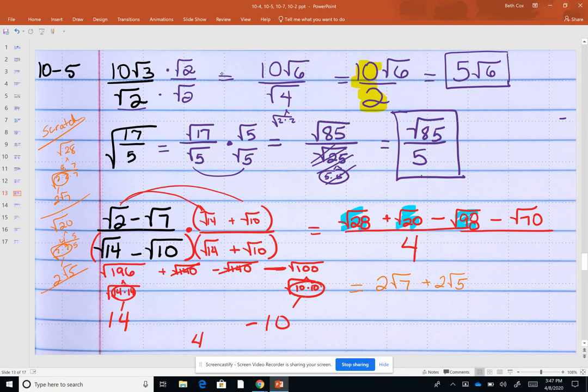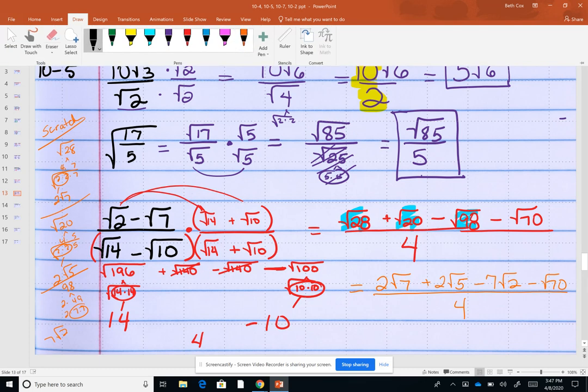Alright, then I've got the square root of 98, which is 2 times 49, which is 2, 7, 7. 7 gets out, the 2 stays in. Okay, over 4. That one's ugly, just like I said. That one's ugly. But that's it. We're done. That is the official answer on that one.